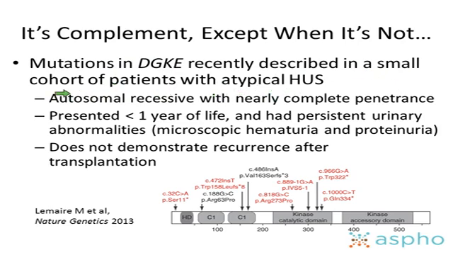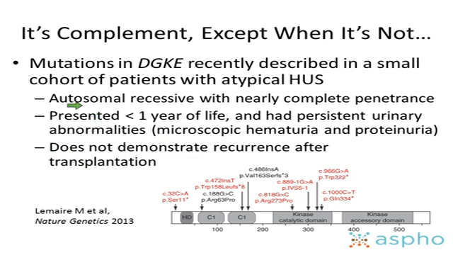These are patients with an autosomal recessive inheritance pattern with complete penetrance, initially identified by whole exome sequencing. These patients tended to present within the first year of life and had persistent urinary abnormalities, both microscopic hematuria and proteinuria, following their initial disease presentation. But fortunately, this form of atypical HUS does not seem to recur after kidney transplantation.